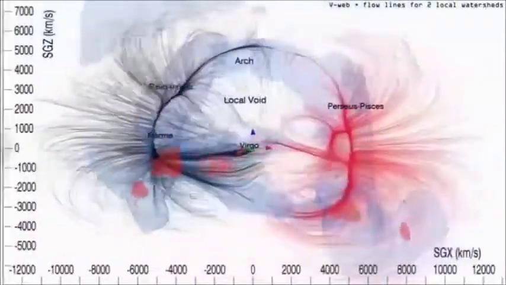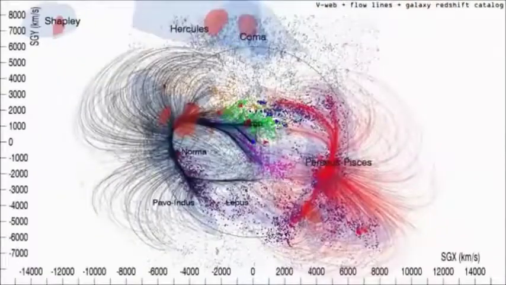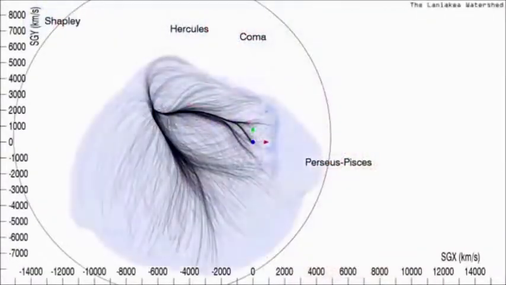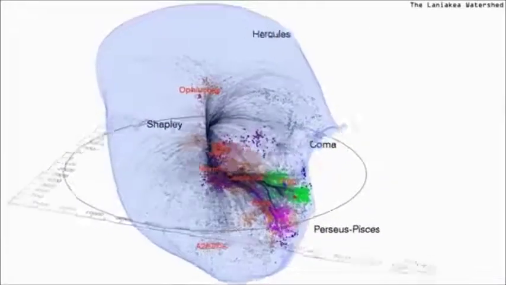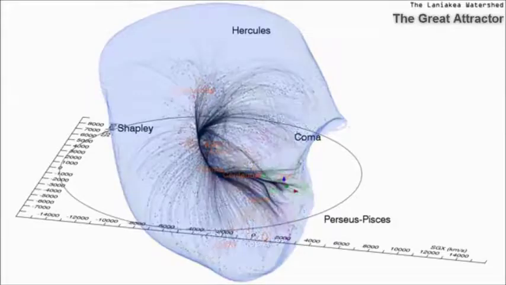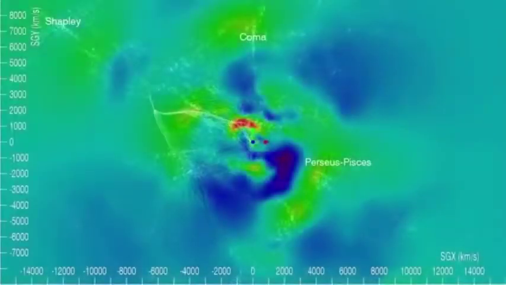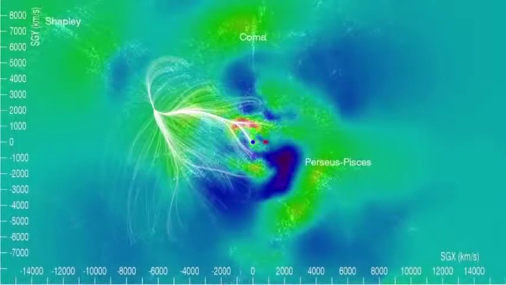The Bolshoi simulations are astounding. They match the pattern of galaxies seen in the cosmos today perfectly. It's persuasive evidence that dark matter has been sculpting the universe for billions of years.